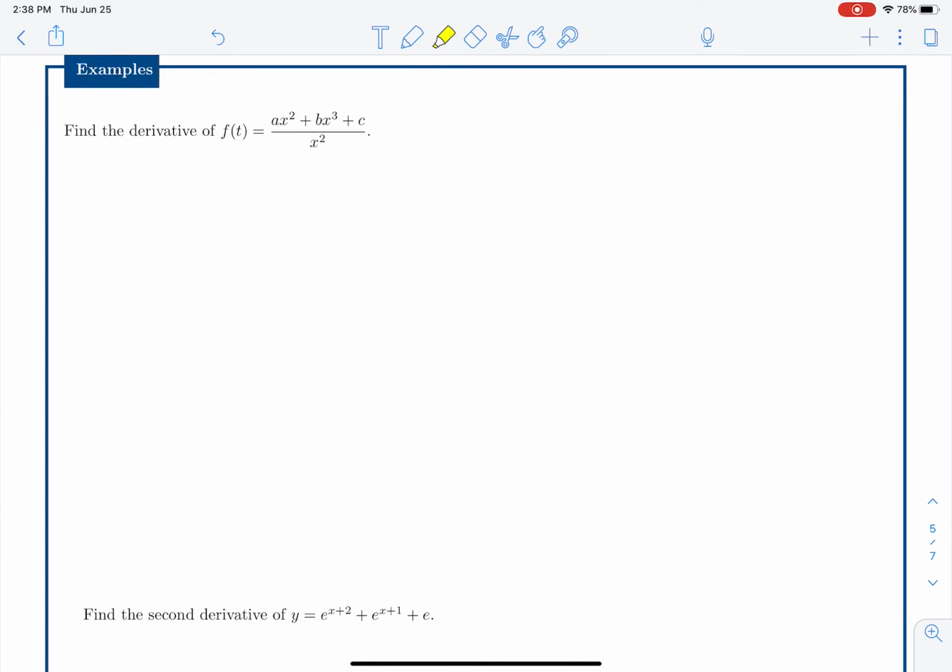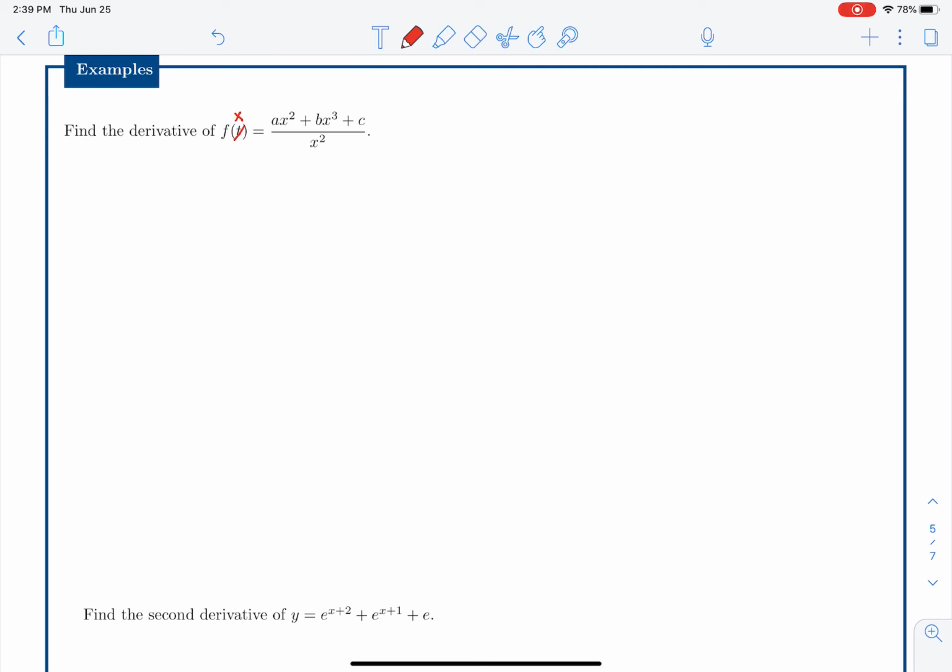Here we want to find the derivative of, this has to be x, f of x, and we have ax squared plus bx cubed plus c divided by x squared. And this looks nothing like what we've learned so far.